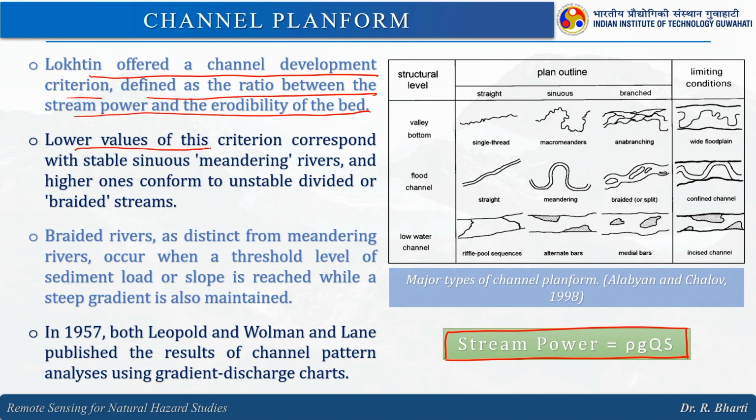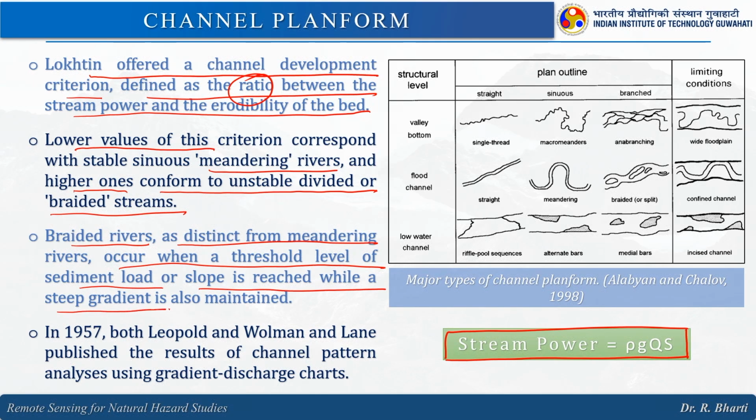A lower value of this ratio says stable sinuous, that is meandering river, and higher values confirm an unstable divided or braided stream. So this ratio is very important. Braided rivers, as distinct from meandering rivers, occur when a threshold level of sediment load or slope is reached while a steep gradient is also maintained.